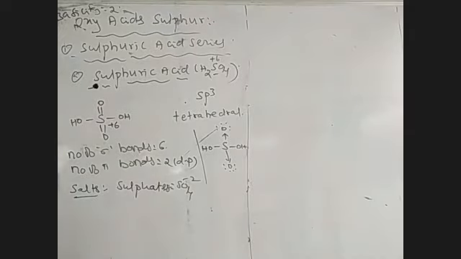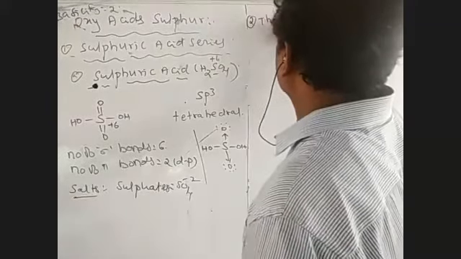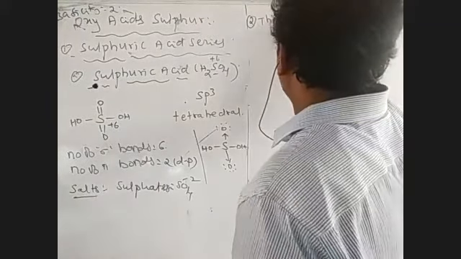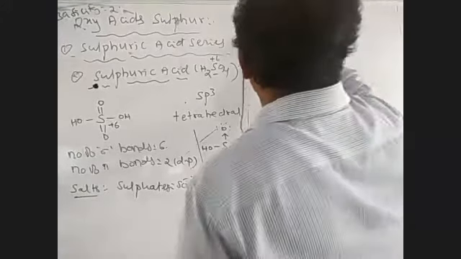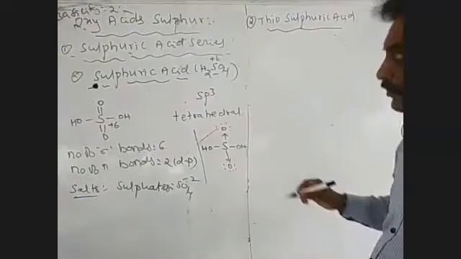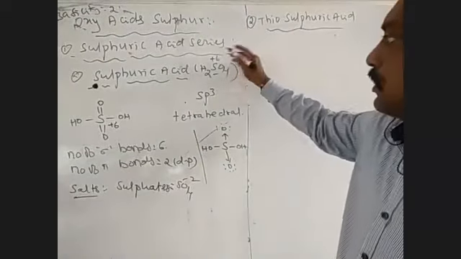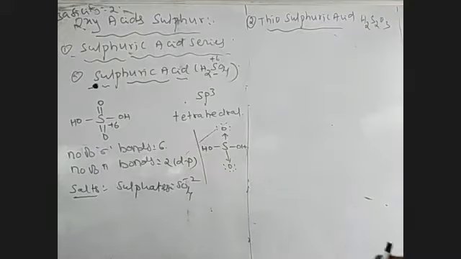The second type of acid is thiosulfuric acid. In sulfuric acid, with molecular formula H2SO4, one of the oxygens is replaced by one sulfur atom. Then the molecular formula of thiosulfuric acid is H2S2O3.